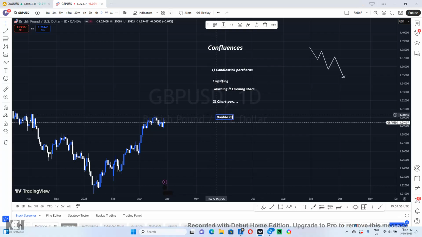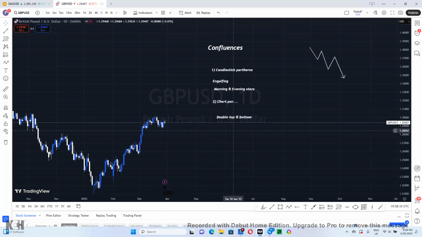I have the head and shoulders pattern. This is another famous pattern that I use, and it's a chart pattern as well.